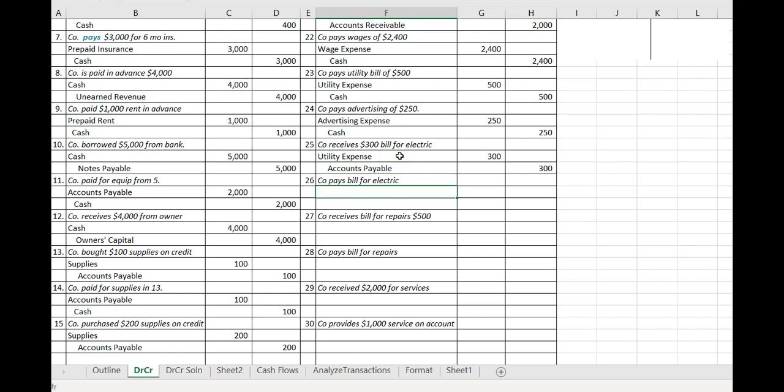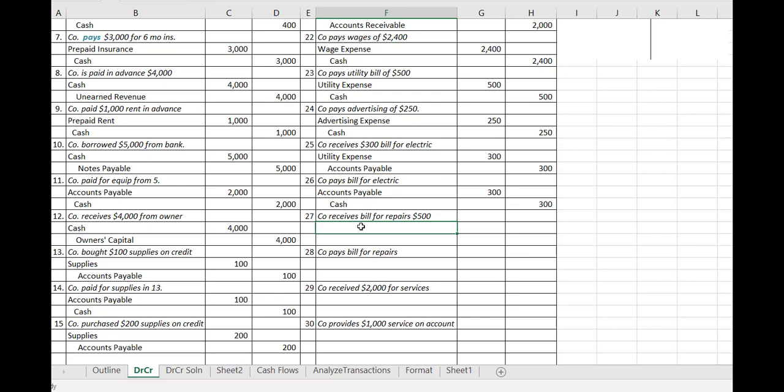And now they pay the electric bill. So now I'm going to decrease the payable and decrease cash. How is this? You've got to let me know how this goes. Okay, decrease the payable, decrease cash.